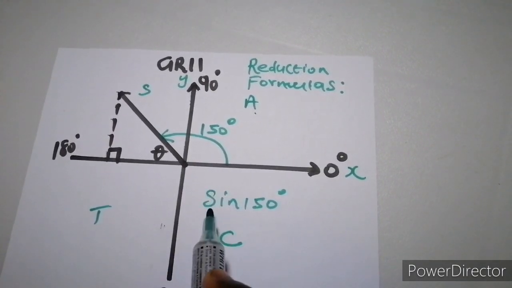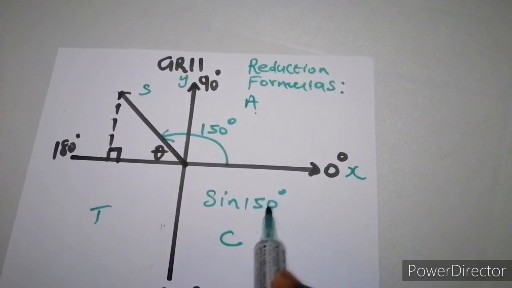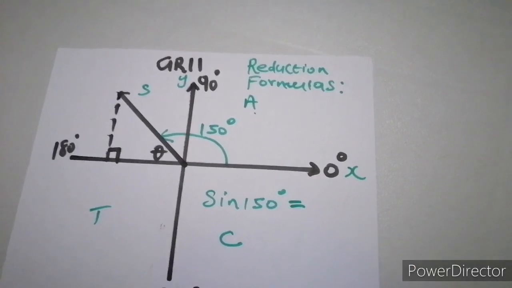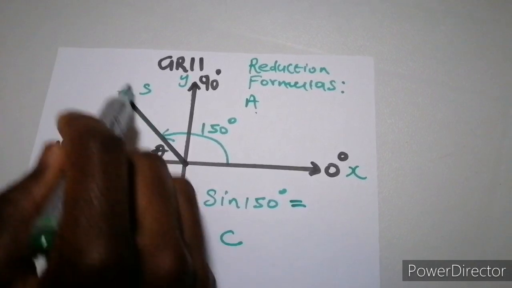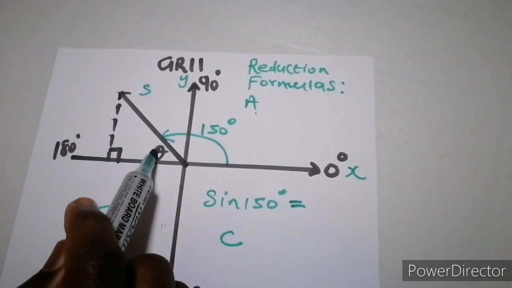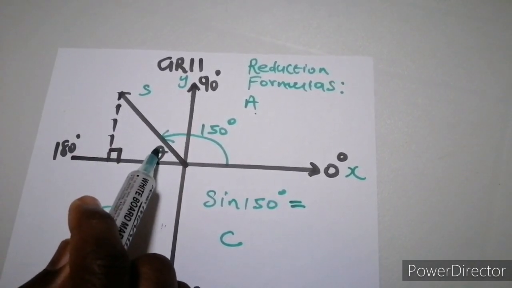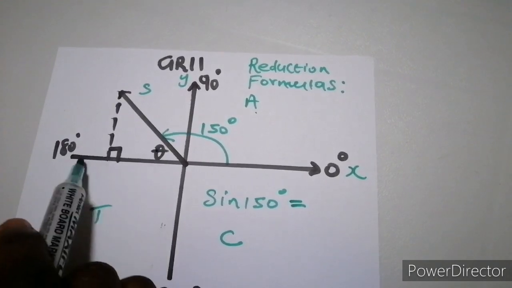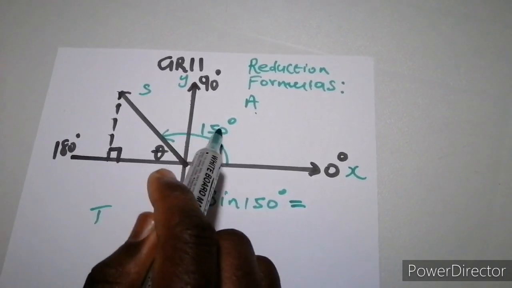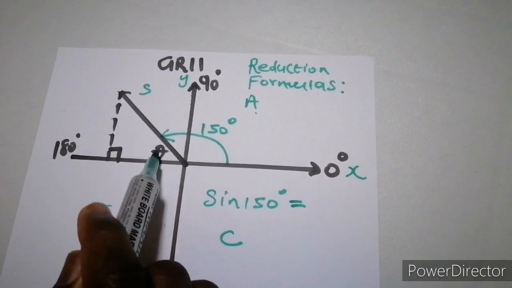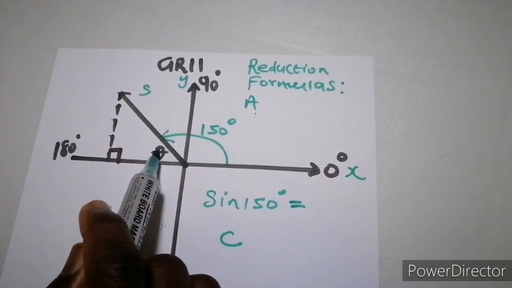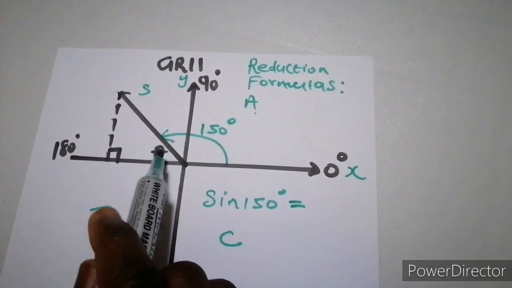Right, now, the sine of 150 degrees is the same as... Now, when we refer to this triangle, what is the size of theta? The size of theta is 180 minus 150, because we are missing this 30 degrees to complete 150.